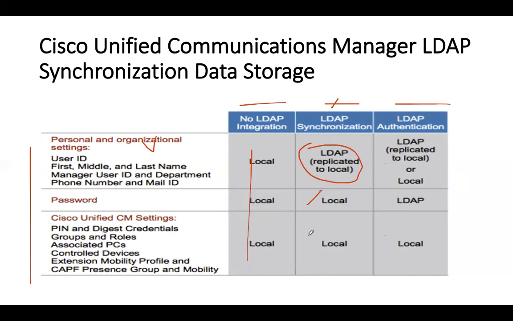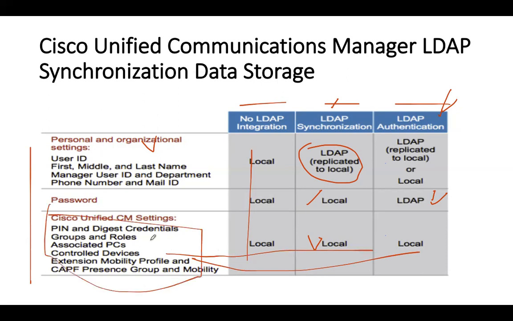The password and all those settings are still managed locally from the call manager. And authentication, LDAP replication, local, LDAP. Password you cannot change now when you are using authentication. You can change it only in the Active Directory, but these settings are still local in all three: pin, groups, roles, and all that.